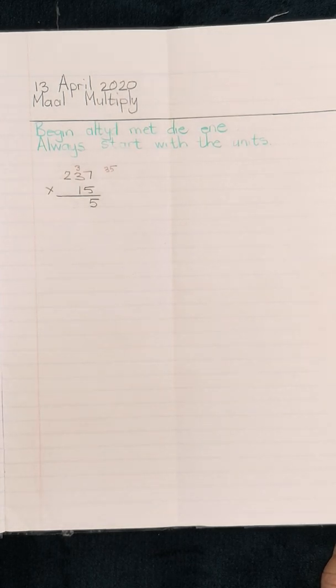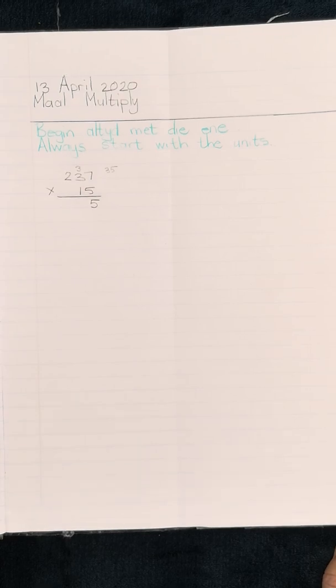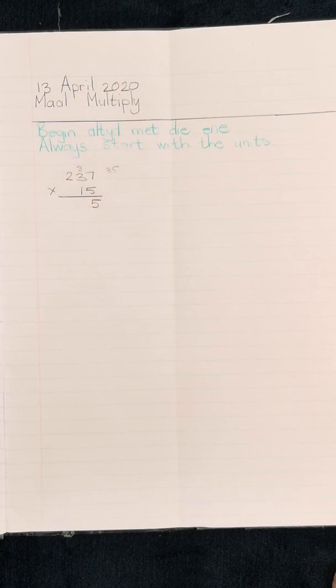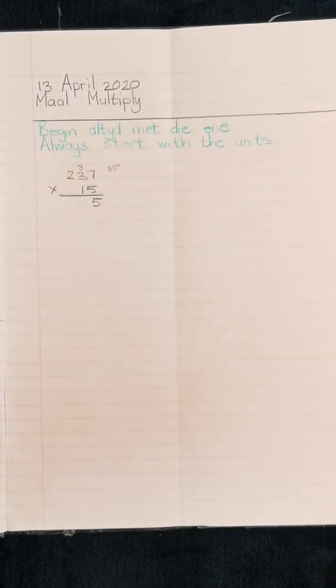Is it now the number drawn over from the units or from the tens? So that you don't get confused. So please see, and we'll try to help you to get into that routine.